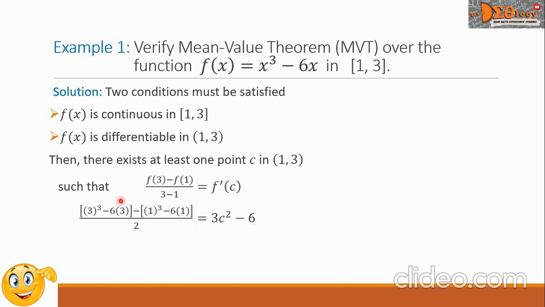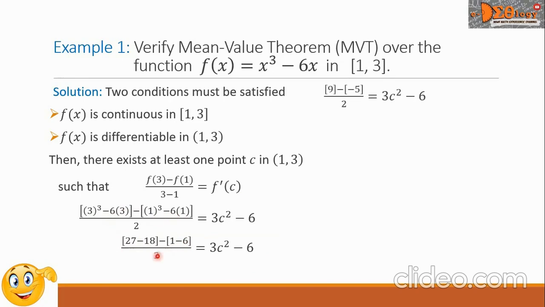Simplifying further, our numerator becomes 3 cubed is 27 minus 6 times 3 is 18, minus 1 cubed is 1, minus 6 times 1 is 6, all over 2. There is no change in the right side.